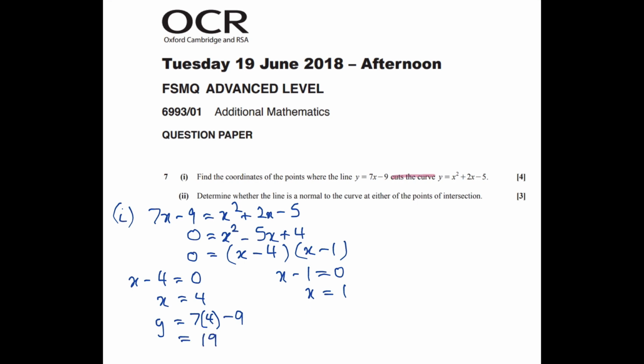And here we'll get 7 lots of 1 minus 9 to give us negative 2. So to summarise, our points of intersection are (4, 19) and (1, minus 2). Hopefully that makes sense. Let's look at the second part.